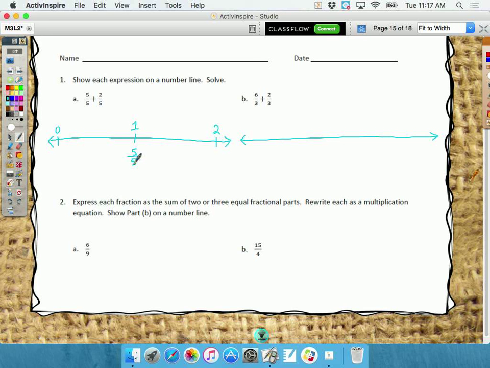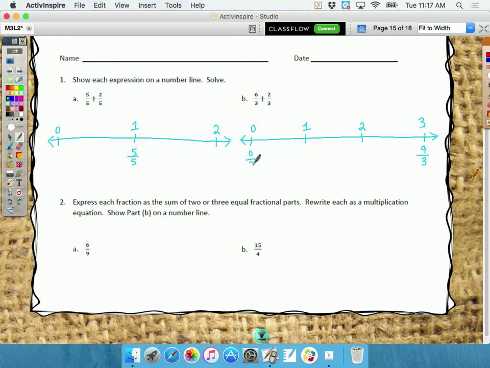I want you to listen to me, not go and write that. Okay, the next one, what's 6 plus 2? 8. 8/3. So let's talk about 1 whole would be how many thirds? 3/3. 2 wholes would be 6/3. 3 wholes would be 9/3. So that's where you will stop on that one.